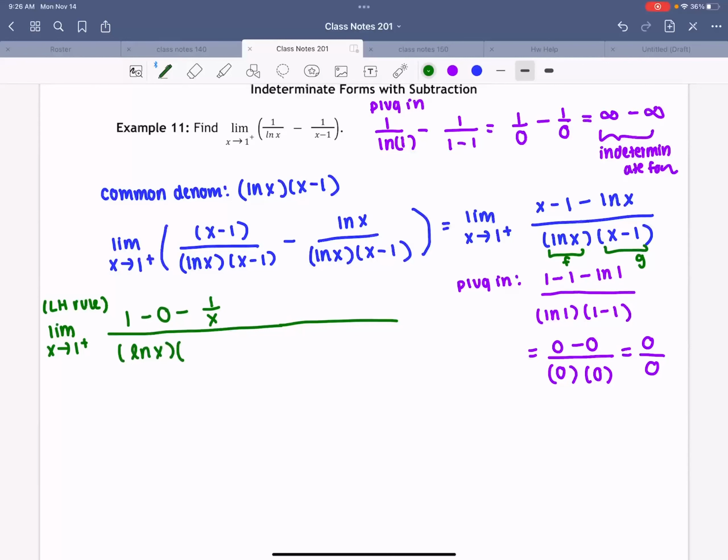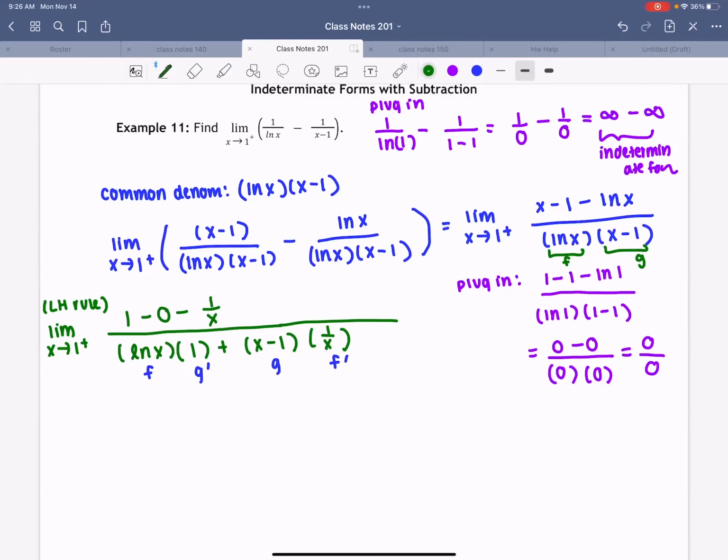What's the derivative of x minus 1? 1. Good. Plus the second, x minus 1, times the derivative of the first, and the derivative of that is 1 over x. Let me label this real quick: f times g prime plus g times f prime.